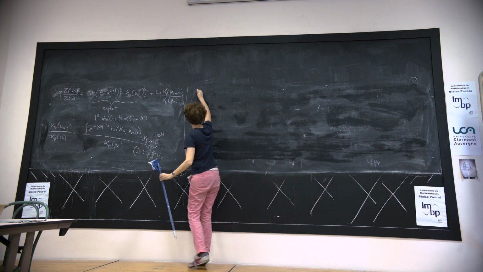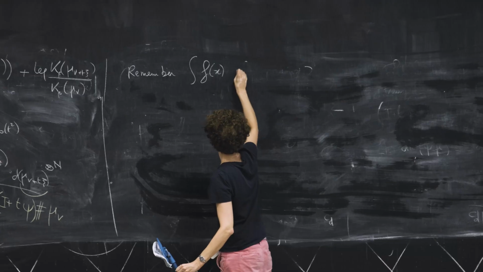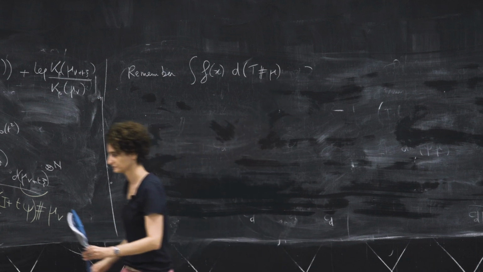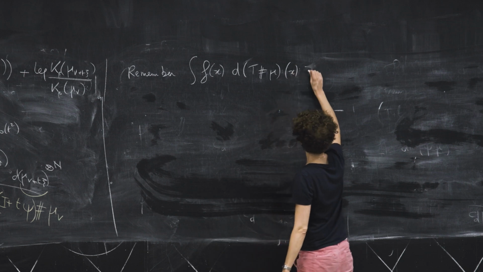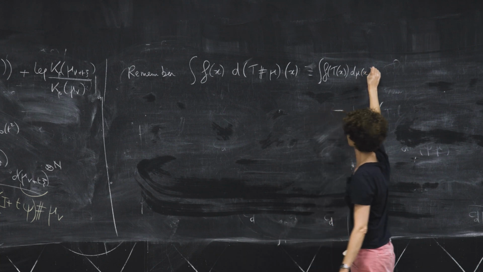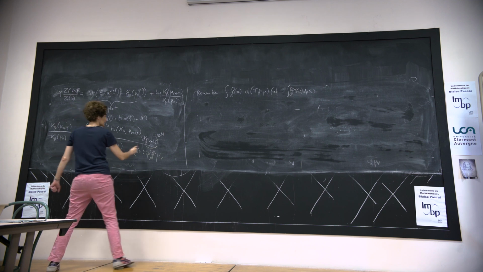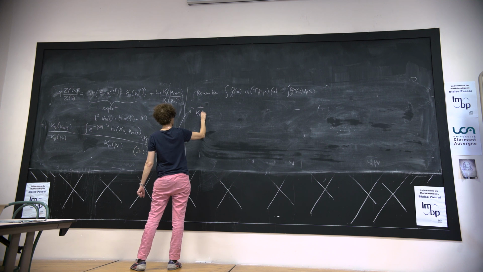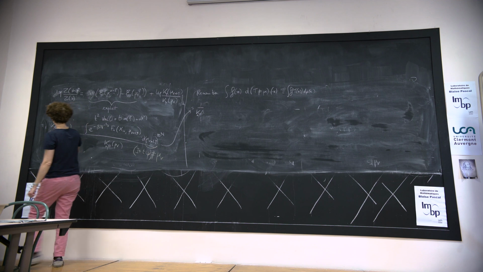Remember, if I have a function f, and I have a push forward of a measure, then this is just equal to the integral of f of T of x d mu of x. This is the definition of push forward. So I can do that in here. This becomes equal to 1 over k, there's some n's, everything has n's here.